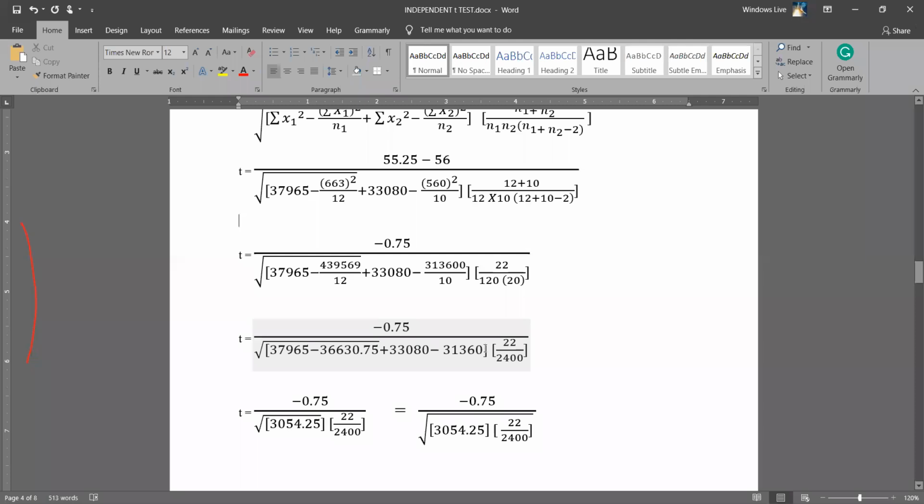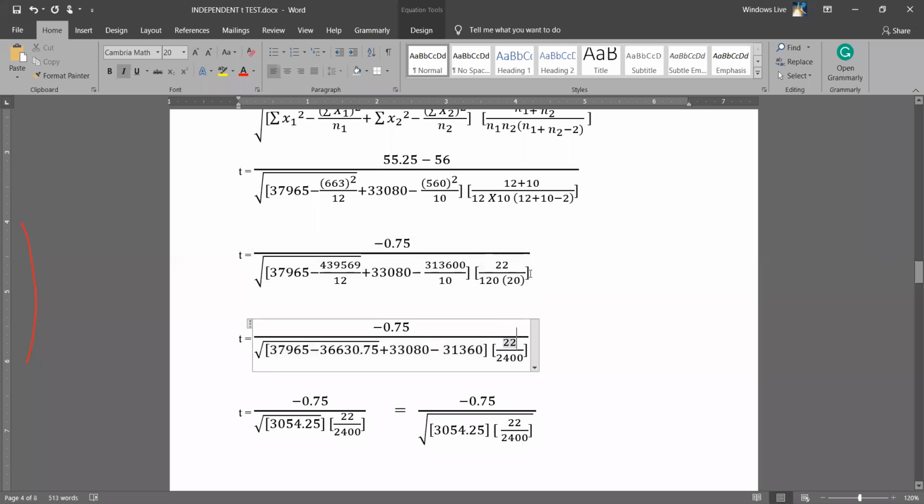And you could see that there's a bracket for these values. Let me highlight them. This is the first bracket and the second bracket. It means that you deal with the values within this bracket first, so add and subtract them. Then you deal with this one separately.